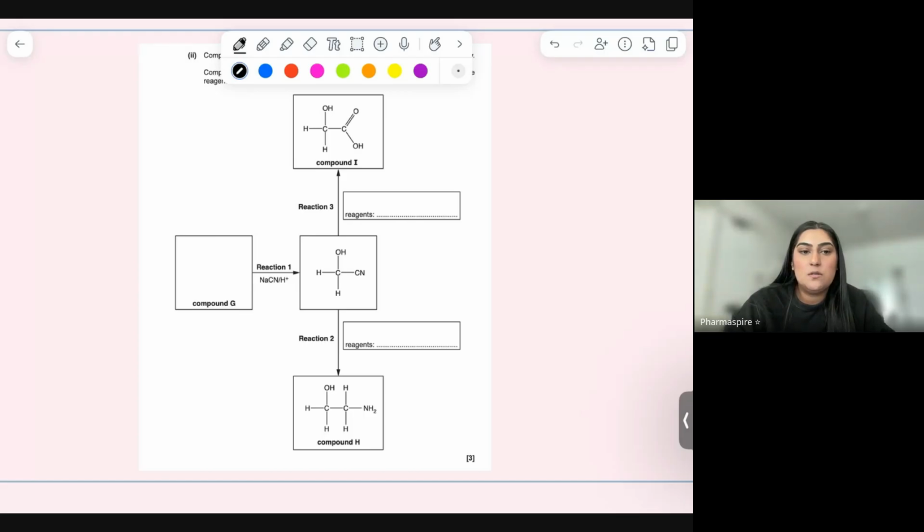What are our reagents? Yep, H2 and a nickel catalyst. That's done. Okay, so the hydroxynitrile wants to go to a carboxylic acid group. How do we do that? What do we need to do?